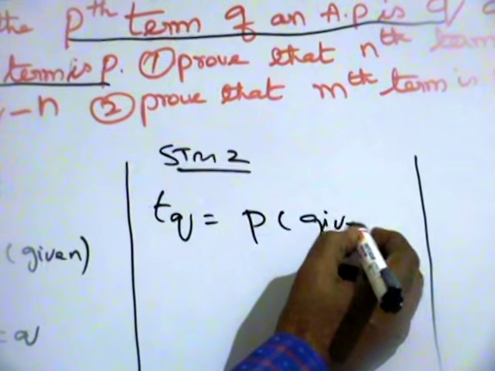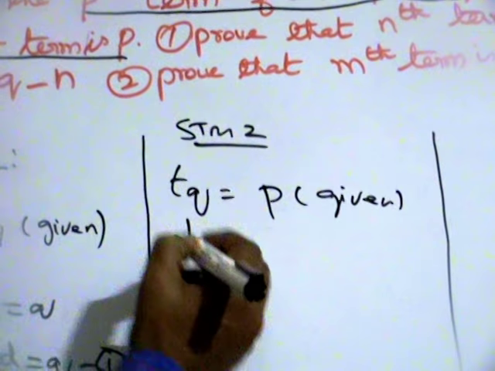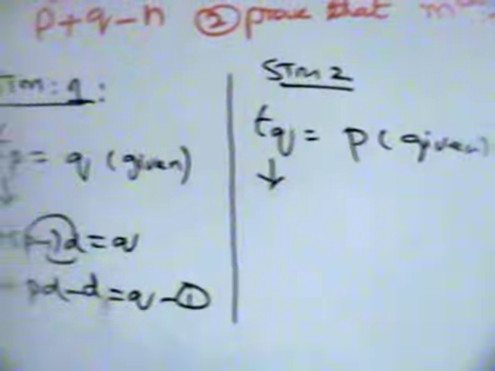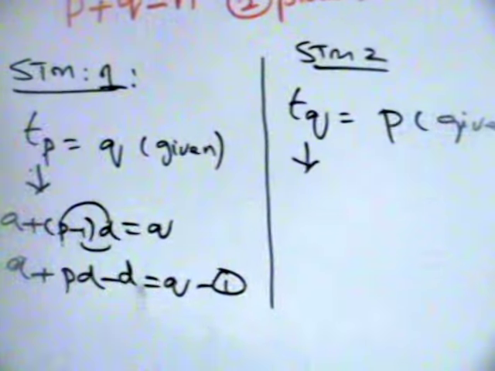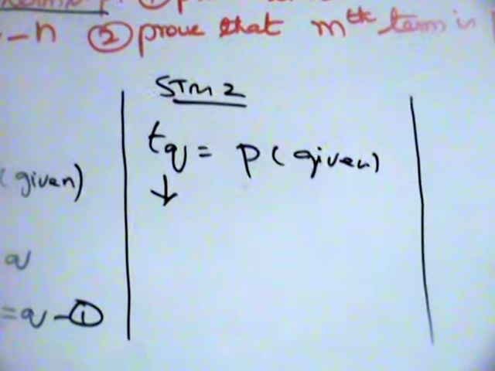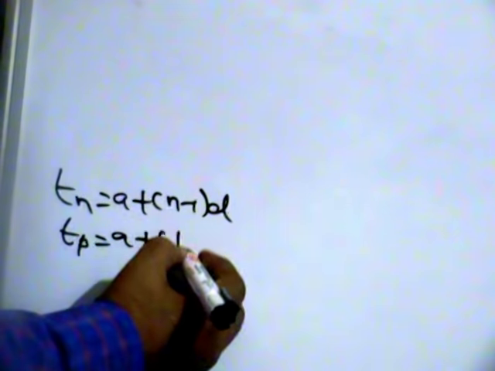You must write given. Now TQ means you must use the Tn formula, just n is replaced by Q. For example, in the previous question, n is replaced by P: A plus P minus 1 into D. That's what I wrote here.